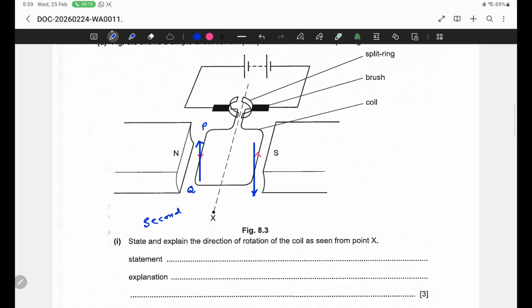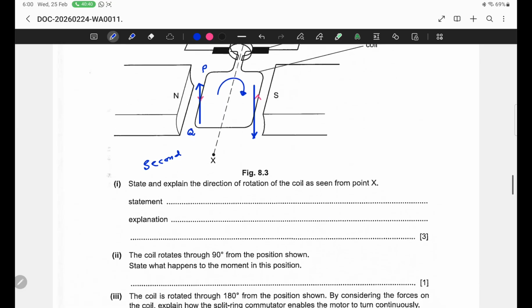And if the magnetic force is acting like this, then Pavitra, can you tell me whether the coil will rotate clockwise or anti-clockwise? Yes, you are right. It is clockwise because it is acting upward on one side and downward on the other, so it is turning clockwise.